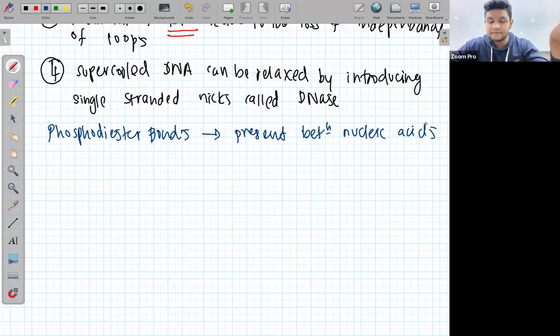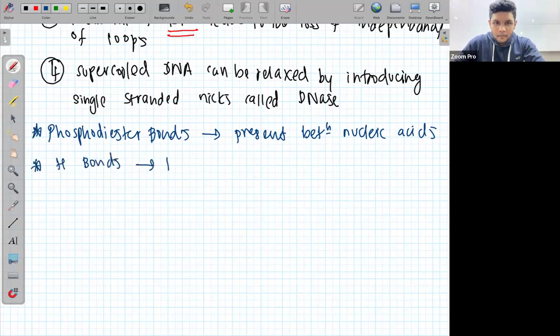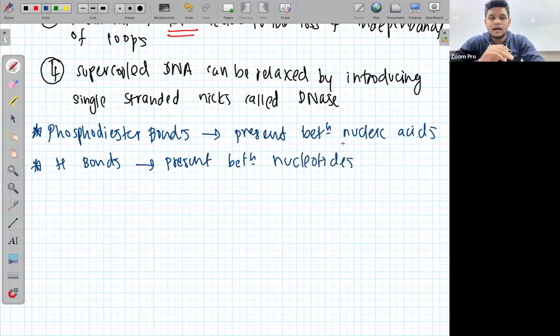The bonds present in between nucleotides, what is the bond? Hydrogen bonds, right? I'll write it down. Hydrogen bonds are the bonds present between nucleotides. Now just think, this is a strand of DNA.